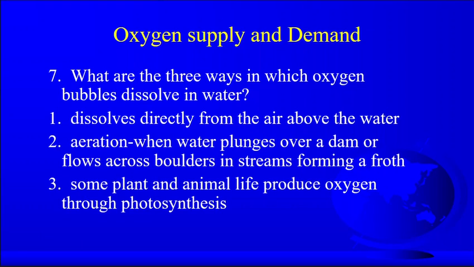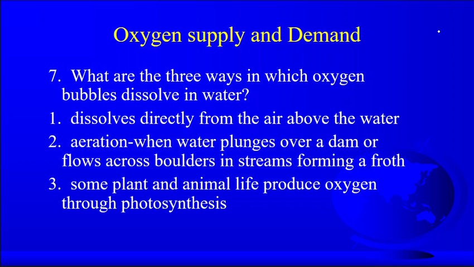Unlike humans, humans all need the same amount of oxygen. Fish do not all need the same amount of oxygen. Trout need a lot of oxygen. So you're only going to be able to find trout in mountain streams and near dams.